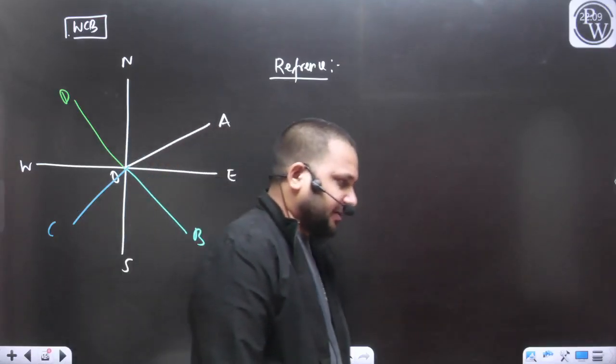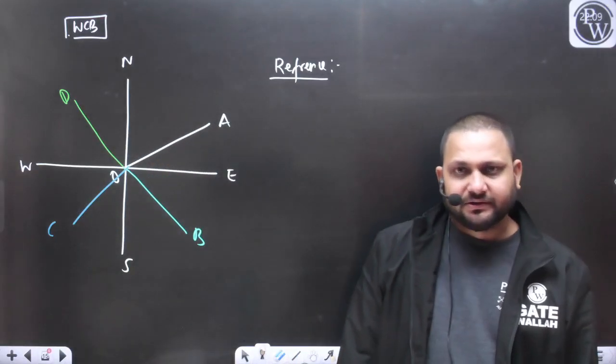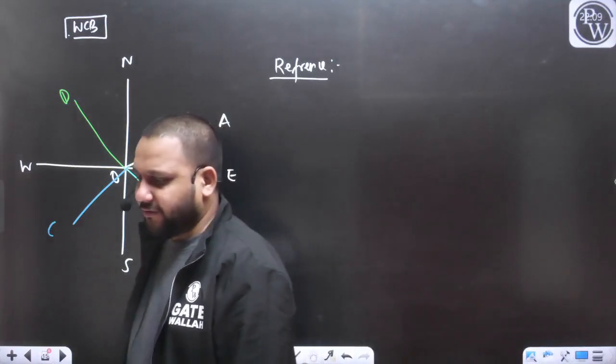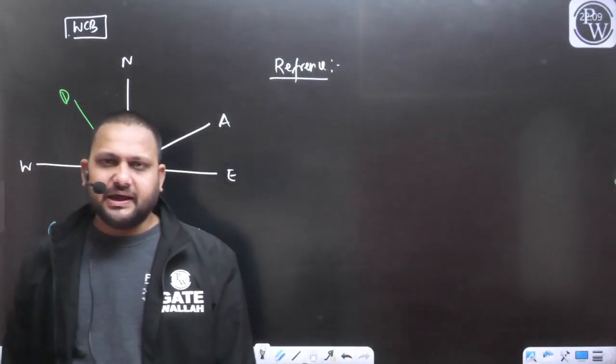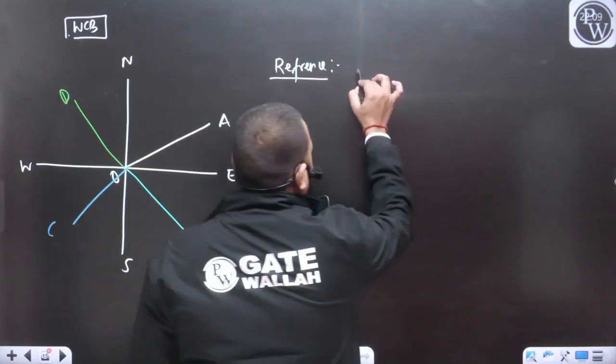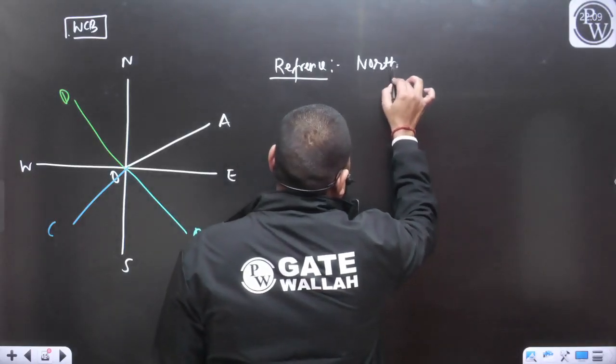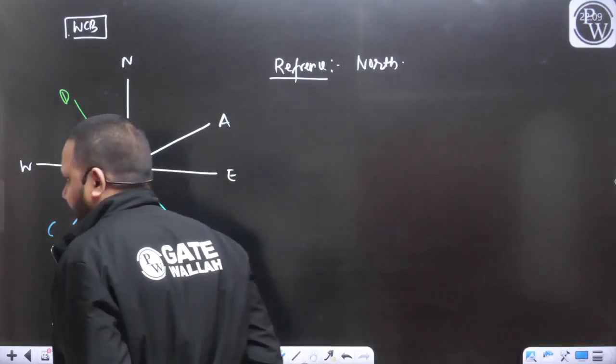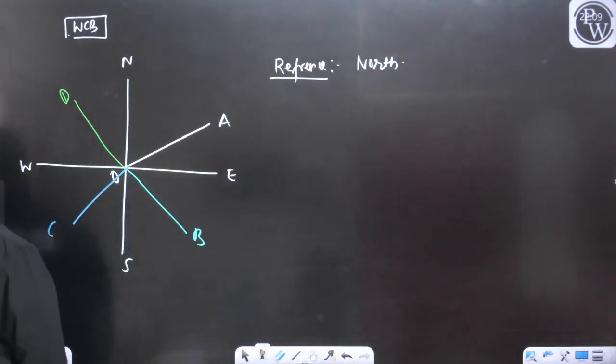So the first and foremost thing that is required is the reference. Whenever we represent the bearing of any line in the WCB system, we always consider north as the reference.